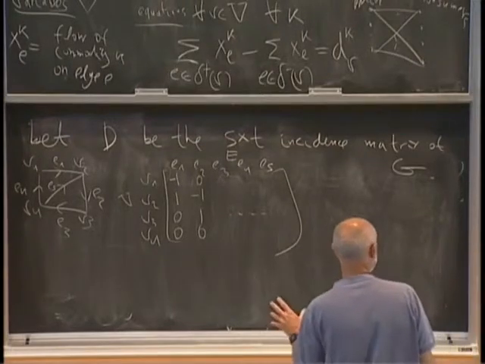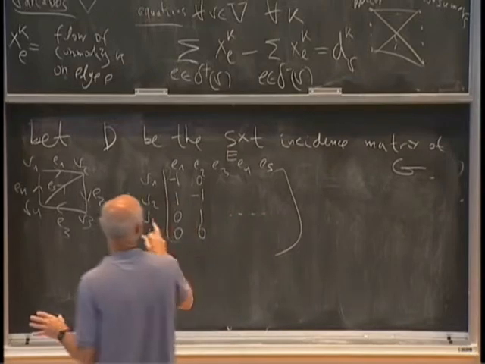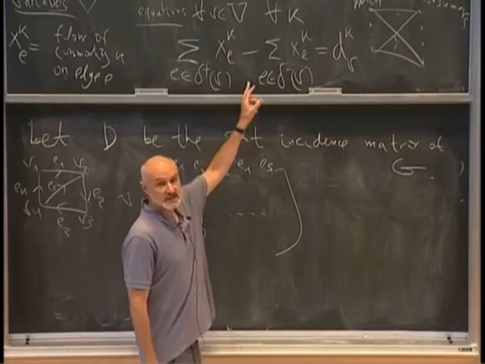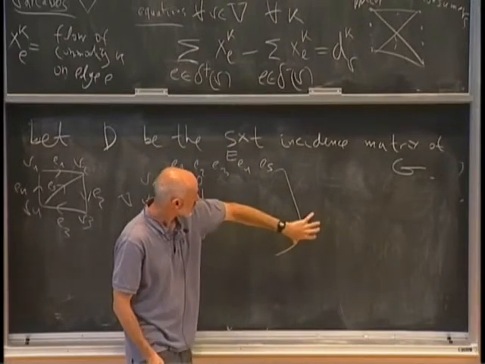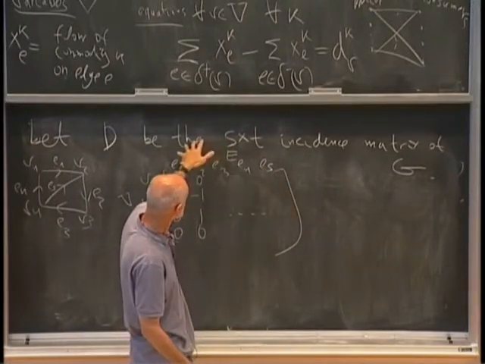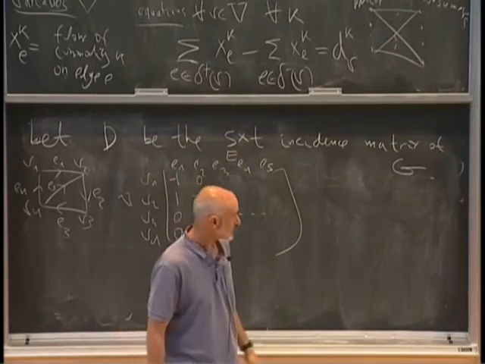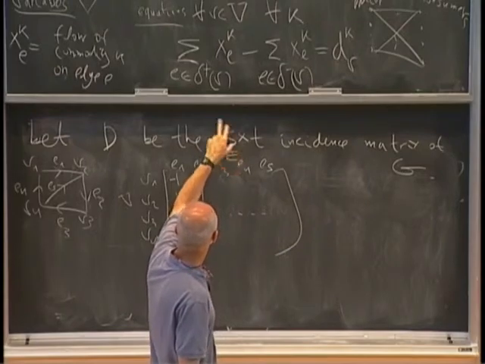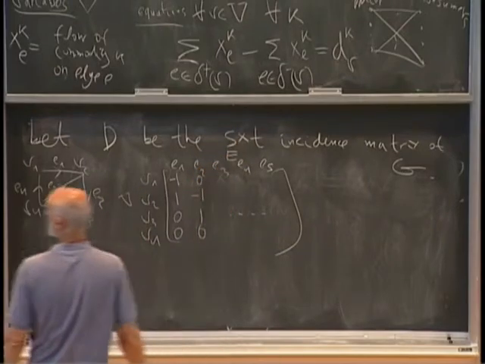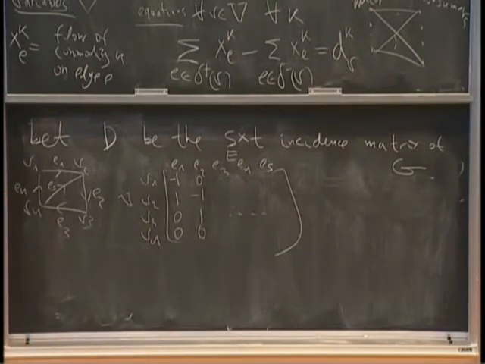And now you can easily see that using this gives me exactly these equations, because if I multiply by a vector of edges, I get exactly the equations for vertices. So using this notation, I can write this multi-commodity flow problem in a compact form as follows.